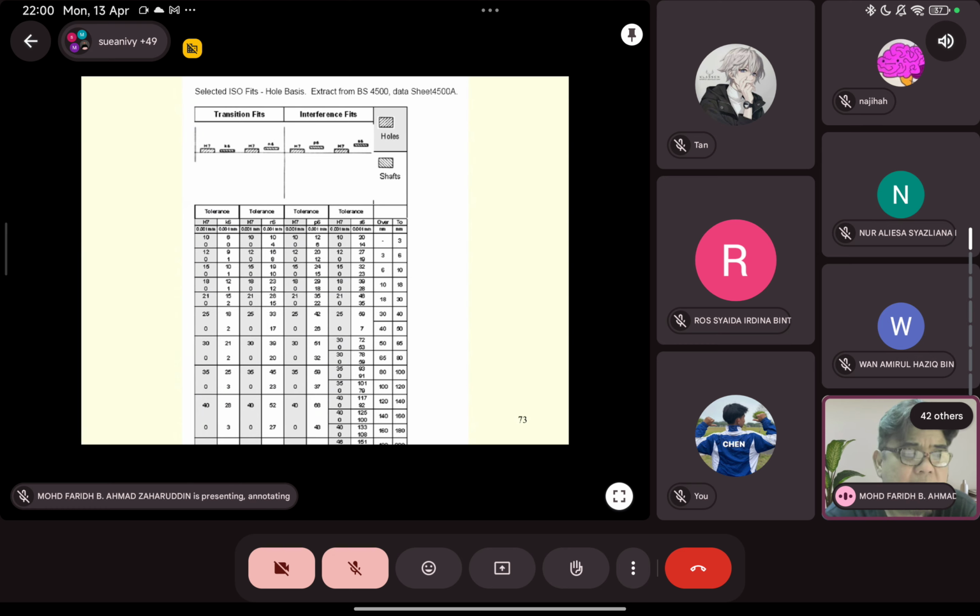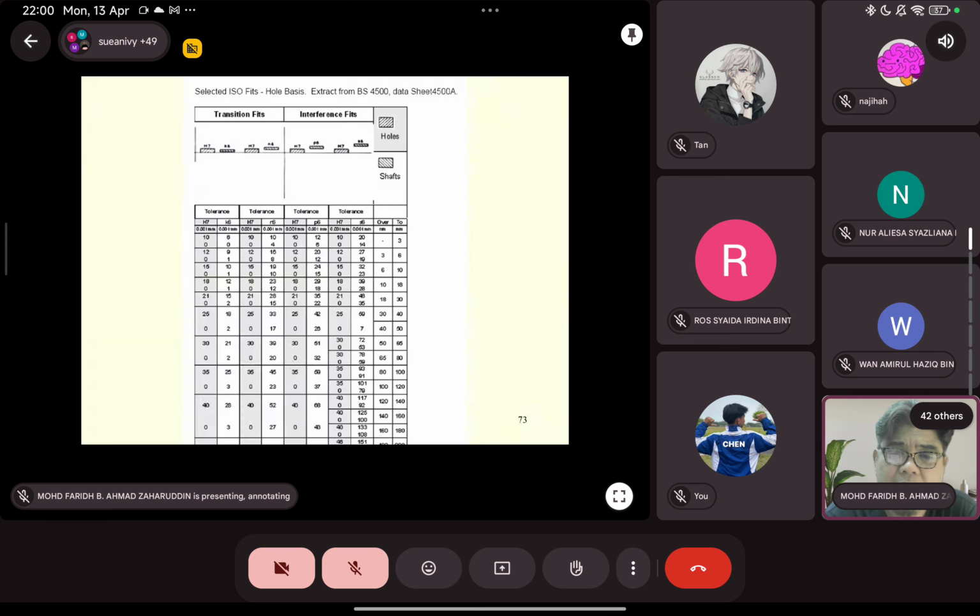So how to read? If, let's say, diameter 30. So now you check here, over 3, this one, 30. There are two. One is here, one is here. Two values. Which one do you want to use?